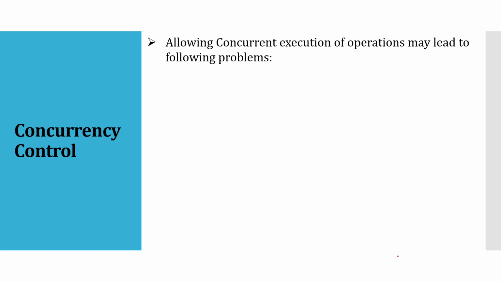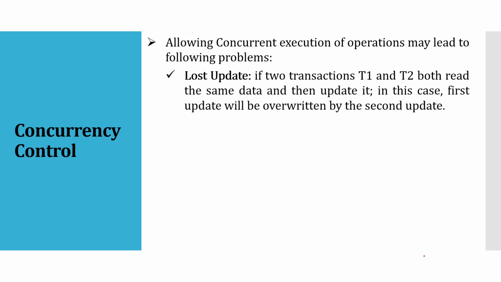Then let's see, allowing concurrent execution of operations may lead to the following problems. So if we are allowing concurrent execution, what type of problems may we face? Let's see. The first is lost update. So what is lost update?